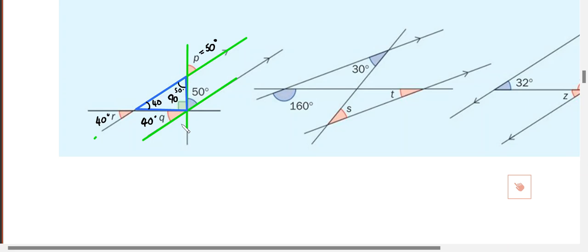That's 50. This is also 90 right here because we already established this is vertically opposite. We know that was 40. It's hard to explain, but I get your idea. So are you saying that this here is 40?